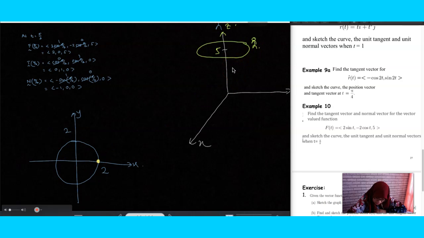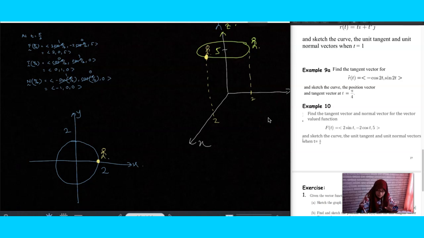So if this is 2, maybe this is your x here. So this is 2, x is 2, y is 0. Where is it? Here, right? Over here. That is your position when t equals pi over 2. Okay, so that is your position.